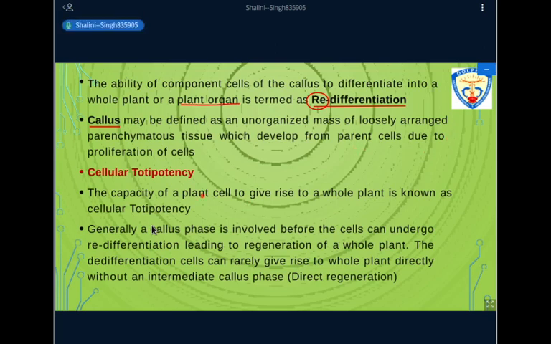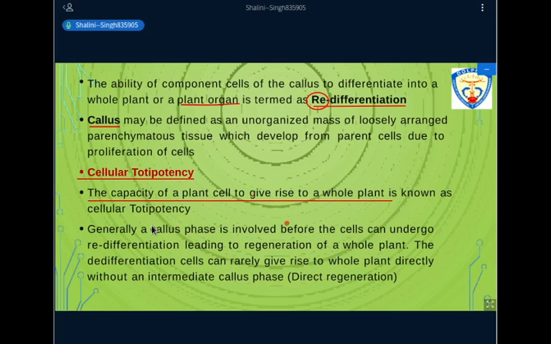Next term is cellular totipotency. It is the capacity of a plant cell to give rise to a whole plant. And that is the ability of a plant cell. That's why we can do tissue culture easily as compared to animal tissue culture.